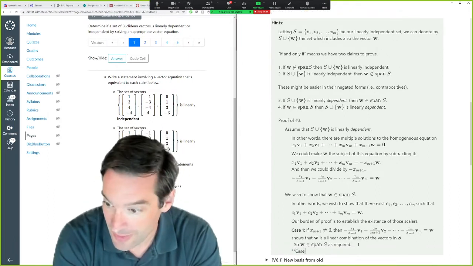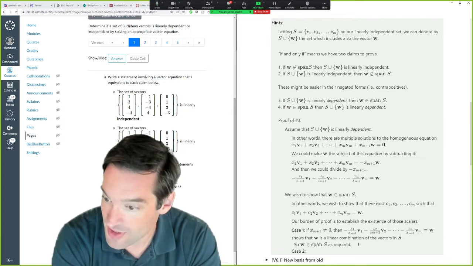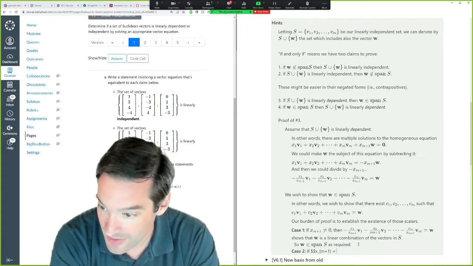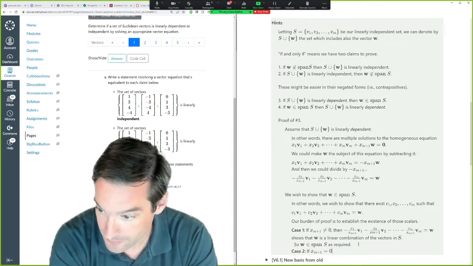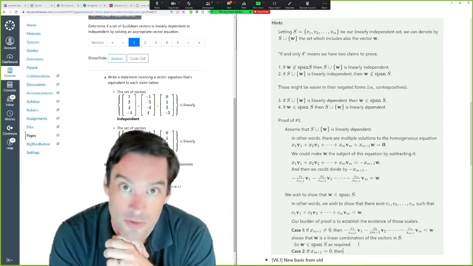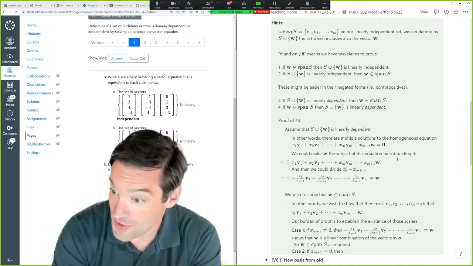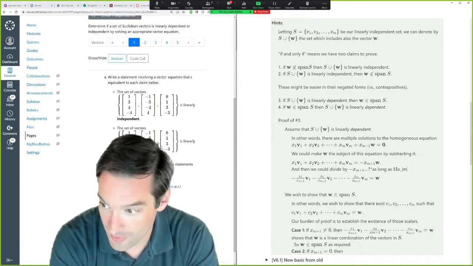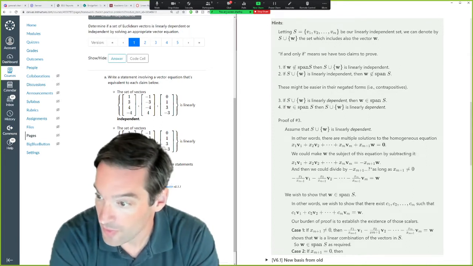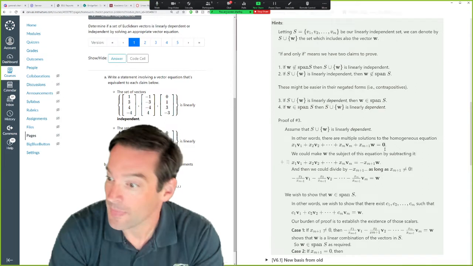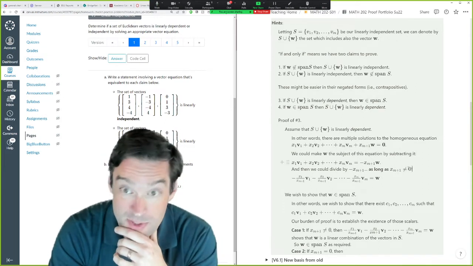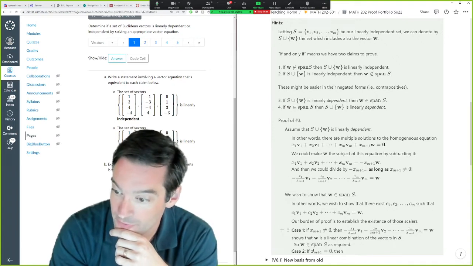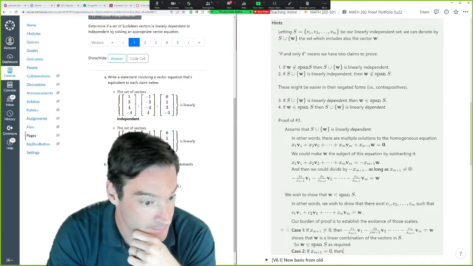So let's handle the wrinkle. We have to convince ourselves that it's also okay if that m plus first coefficient is equal to 0. Because as long as x sub m plus 1 is not equal to 0, we can divide at this stage. But if it's equal to 0, then I can't do this division step. So we have to figure out what this coefficient being 0 is actually going to mean.